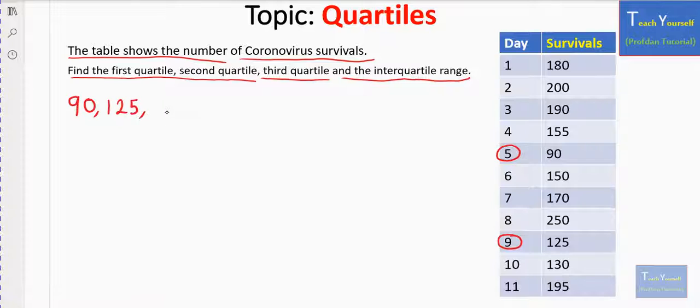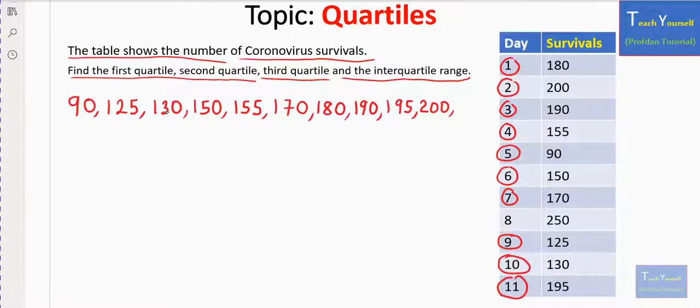The next number after 125 is 130, which happens on day 10. So we have 130. And so you continue till you get to the highest number. And that is the 8 gives us the highest value, which is 250. So now you have the numbers ordered.